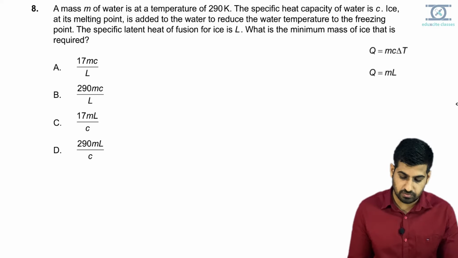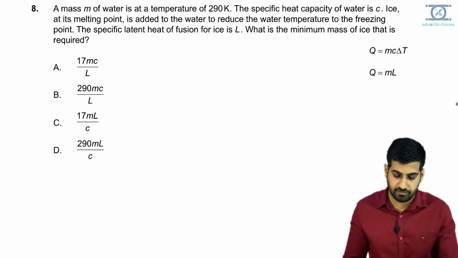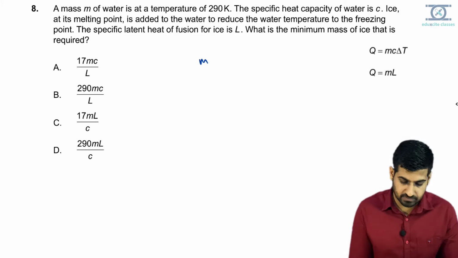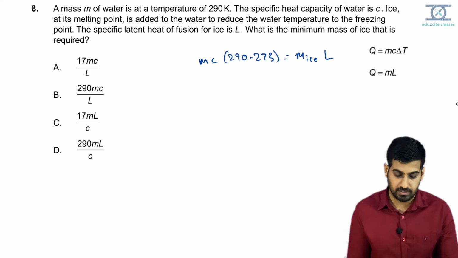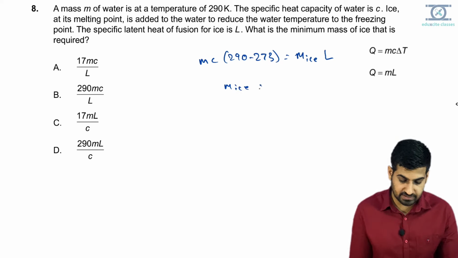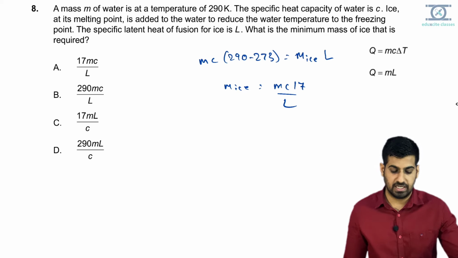So using these two, that is the latent heat and the specific heat formula, mass is m, C is C only, delta T is 290 minus 273, that is the mass of the ice required into L. Okay, so the mass of the ice I can say is mc 17 by L, or you can say 17 mc by L is the mass of the ice required.